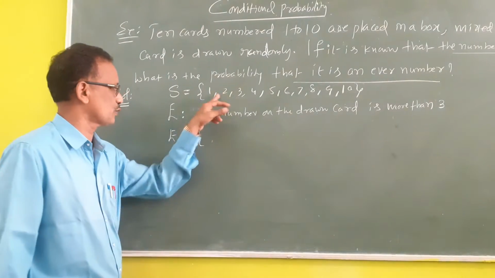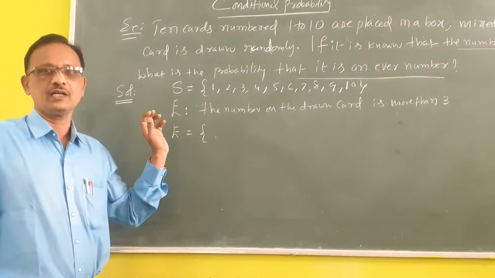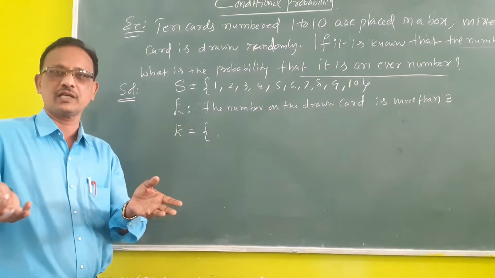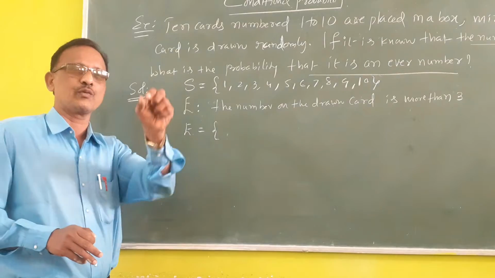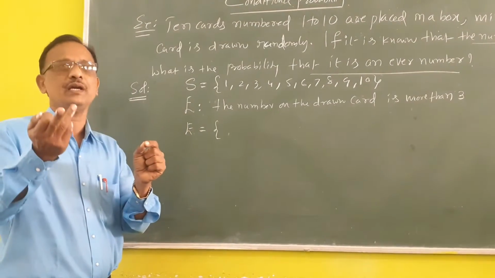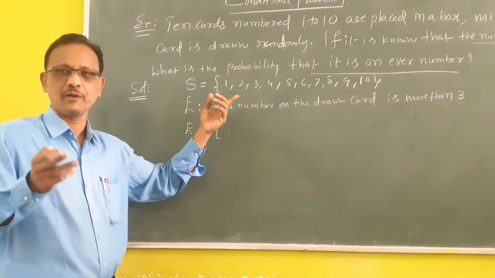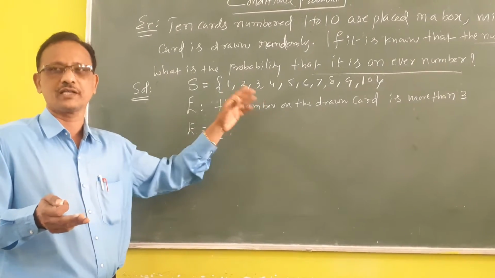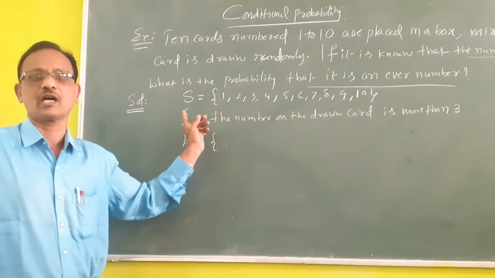What are the favorable outcomes to this? So this is the sample space. 10 cards are there with the numbers 1 to 10, they are mixed up and we take one card. That one card may be number 1, or it may be 2 or maybe 3, like this. These are the possible outcomes. That card may have any one of these numbers.